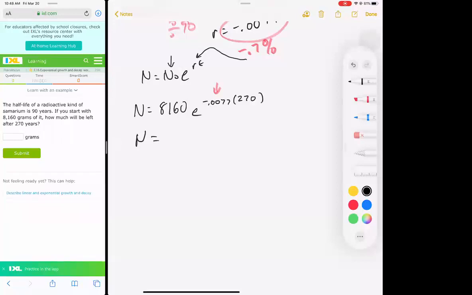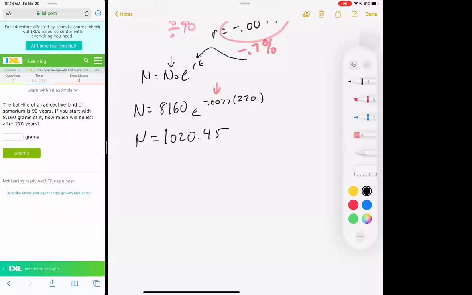So you guys can try plugging this in your calculator also. I'm getting 1020.45. That's what I'm getting.